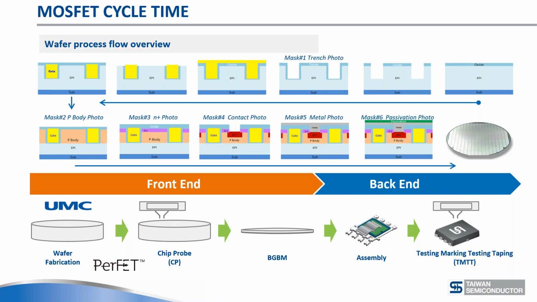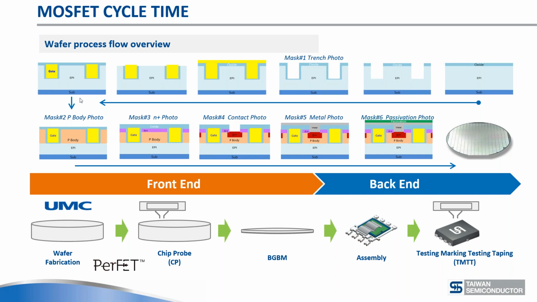For MOSFETs it's a little bit more complex, because the first mask, where you dig the trenches, is quite complex and time consuming. So frankly speaking, you need more like 8 or 9 weeks to make the wafers in the case of a MOSFET.